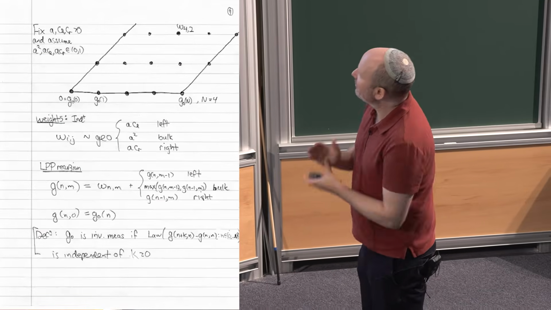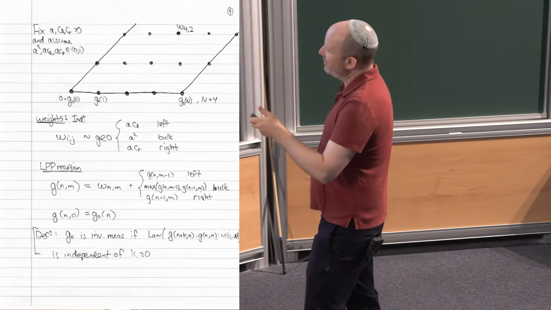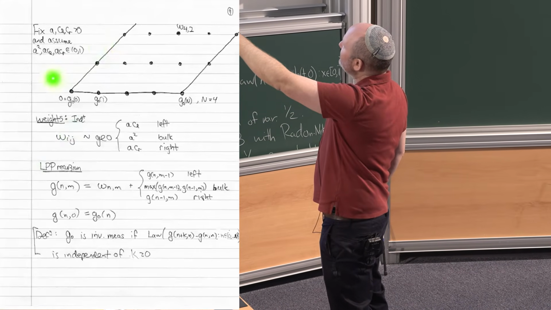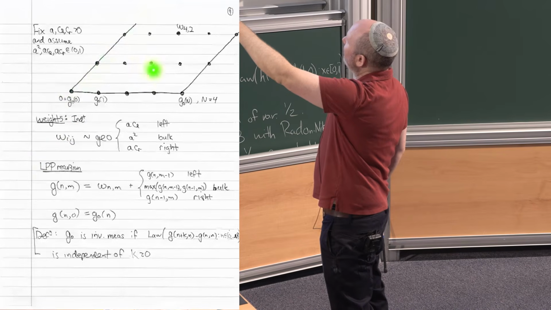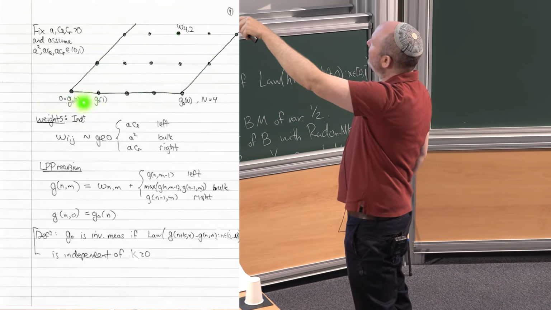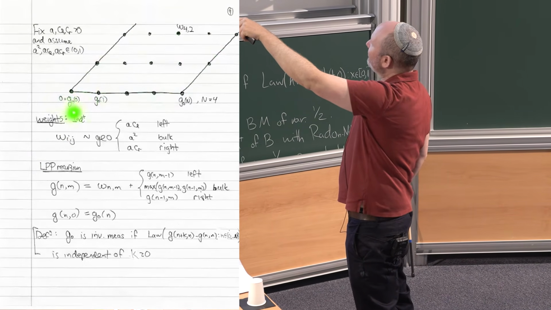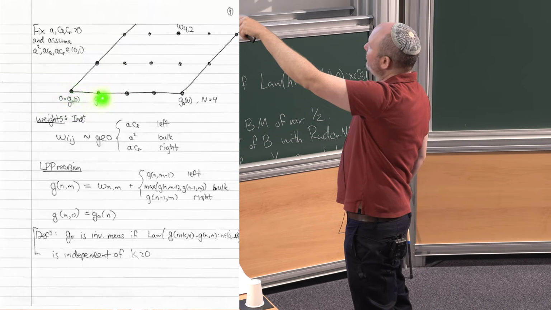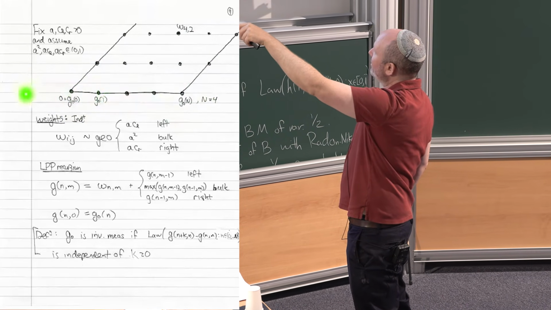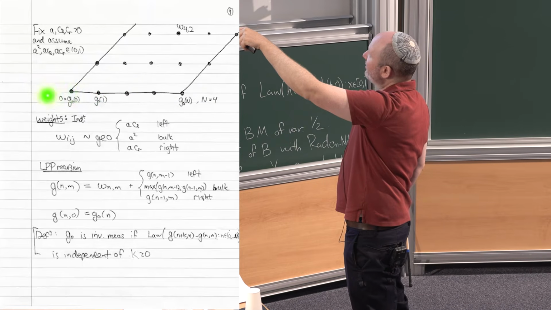Okay, here's the model. We imagine that we have a strip of Z2, okay, so some sort of diagonal strip. And we specify some set of numbers on the bottom, G0,0, G0,1, up to G0,n. n is the width of the strip. And I specify G0,0 to be 0.